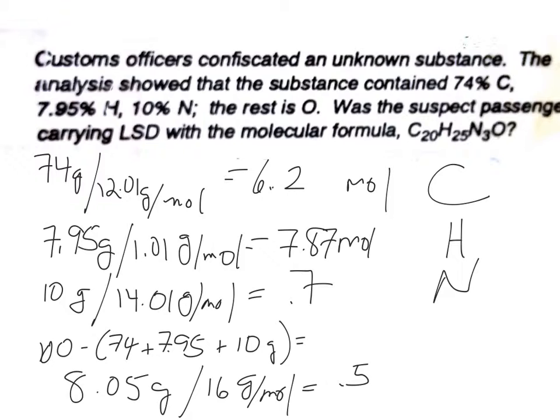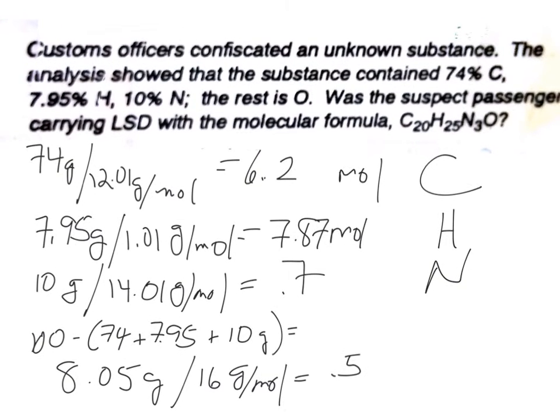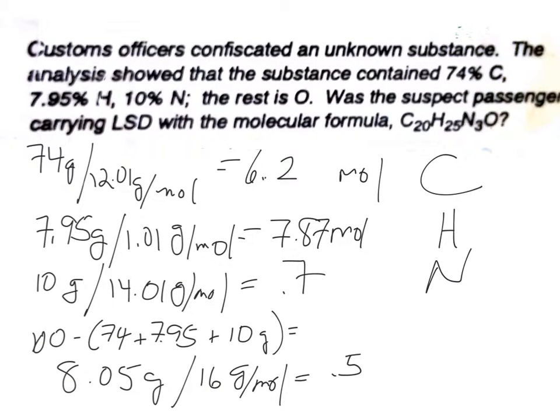I want to make sure I did my sig figs right. So checking out the sig figs here, this would be 92 and this would be 100 minus 92, which would give us then the 8. So we're not going to count the 0.05. We'll just call it 8.